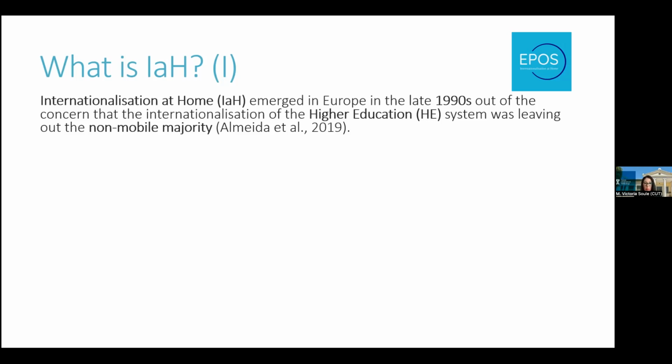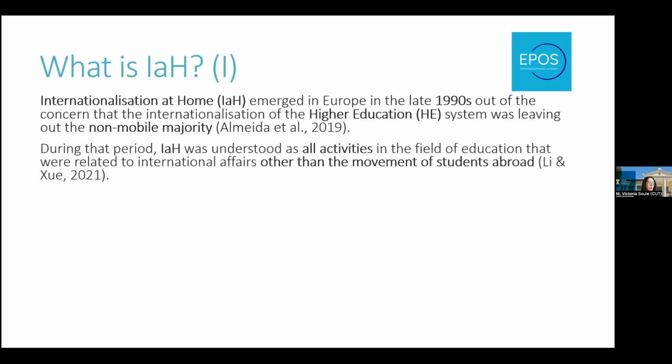As we saw before, this non-mobile majority are students that for several reasons, including the economic ones or disabilities, cannot go abroad. So during this period, internationalization at home was understood as all activities in the fields of education that were related to international affairs other than the movement of students abroad.